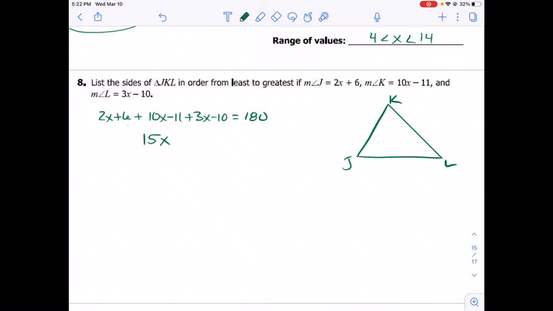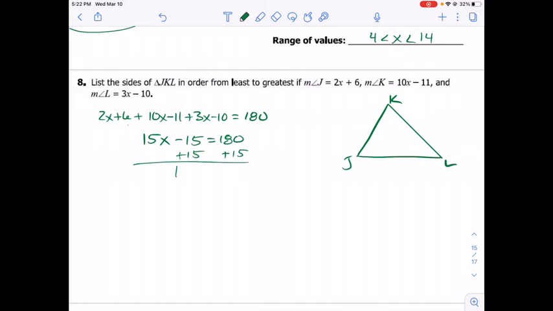We have 6 minus 11 is negative 5, and negative 5 and negative 10 is negative 15, equal to 180. Add 15. 15x is equal to 195. And we're going to divide that by 15. That's going to give us 13. So x is equal to 13.